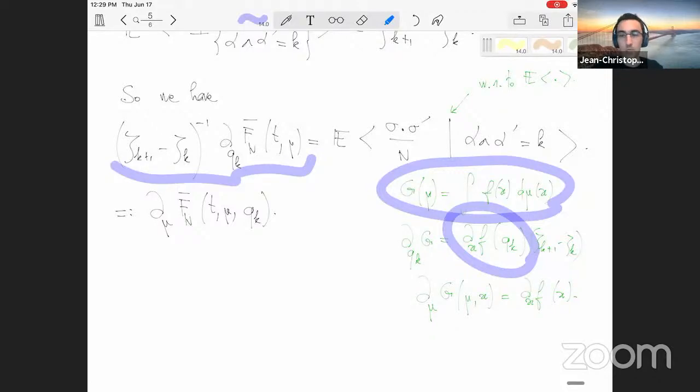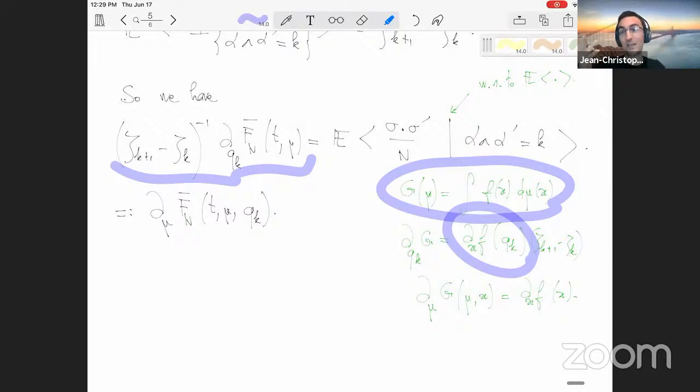But at least we should not feel too sorry: it's a linear function of mu, and when we differentiate, the derivative doesn't depend on mu anymore.